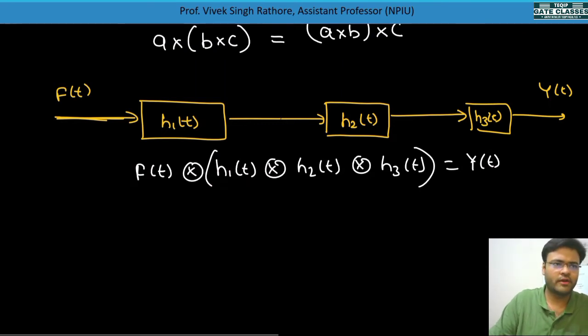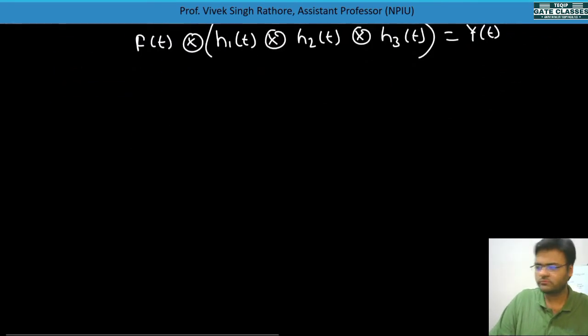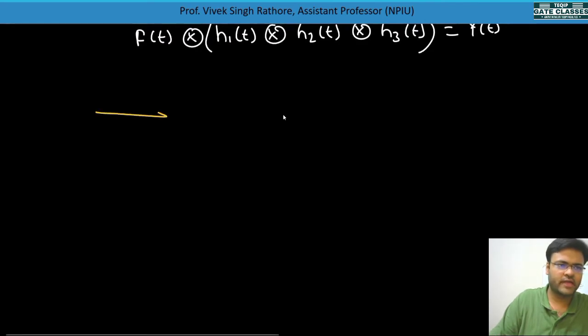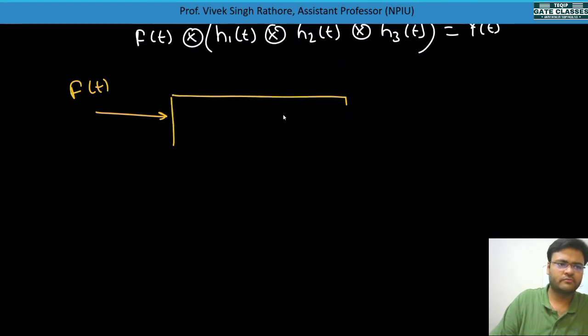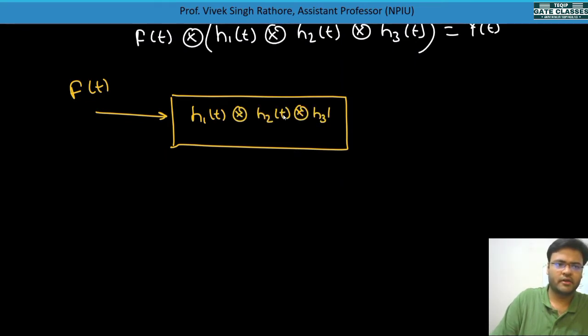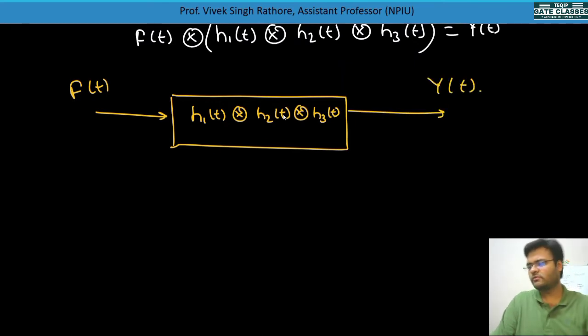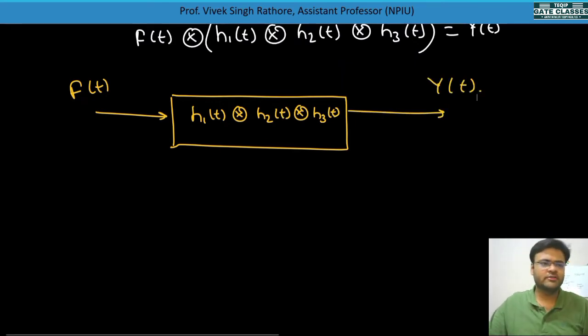How can we do it? This is actually a convolution. So we give input f(t), and we can do h1(t) convolution with h2(t) convolution with h3(t) as a single block, and pass it. So what does it conclude?